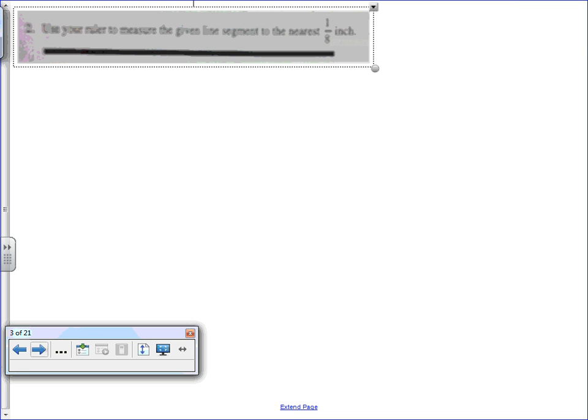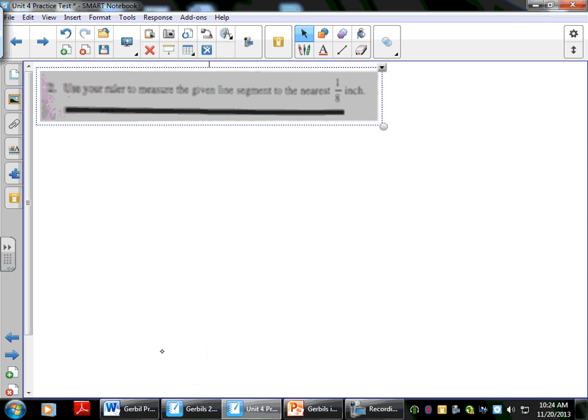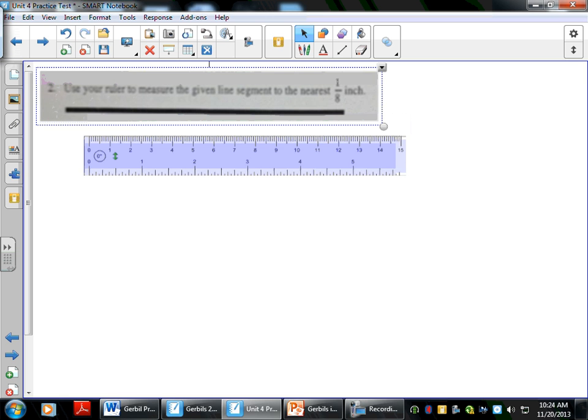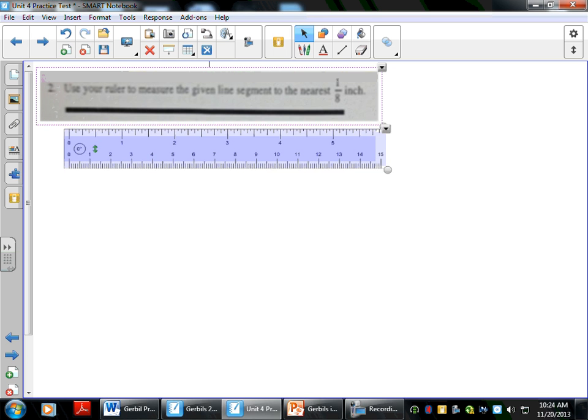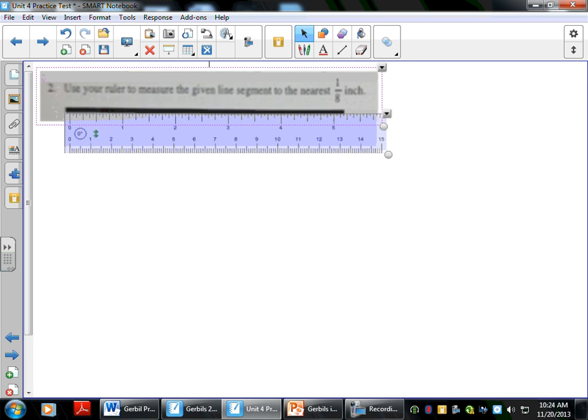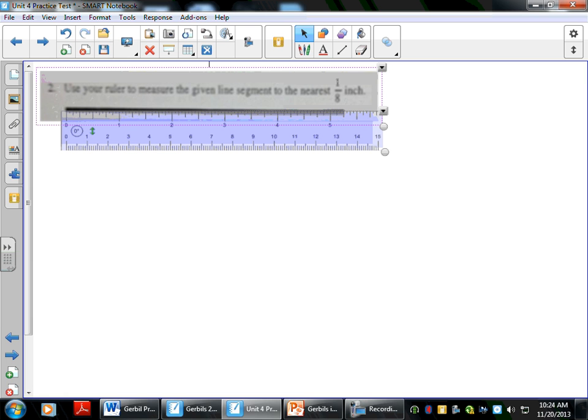The next problem. Use your ruler to measure the given line segment to the nearest eighth of an inch. Get a ruler. Actually, I won't be able to do this problem for you kids because your problem is going to be a little different than mine. I'll just take a look what it would be with this ruler.